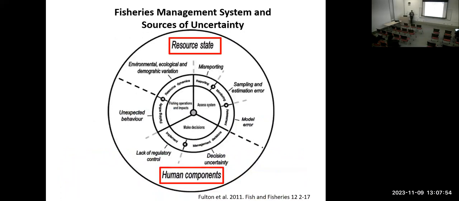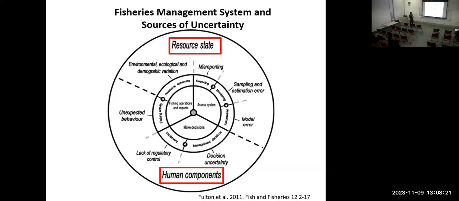That deals with management. Now, fisheries management is very different from a lot of other things. You have to consider human behavior. So usually in a system, we have two kinds of things that we have to consider. One is the resource state, and the other one is the human component. And you can see this diagram. I really like this diagram. It really tells you all the key components that are included in fisheries management.